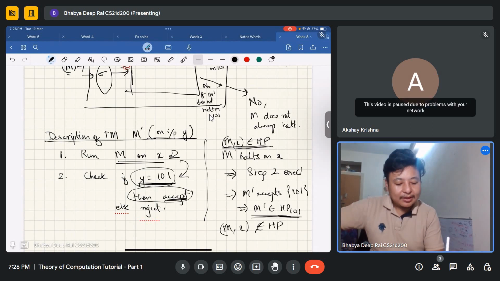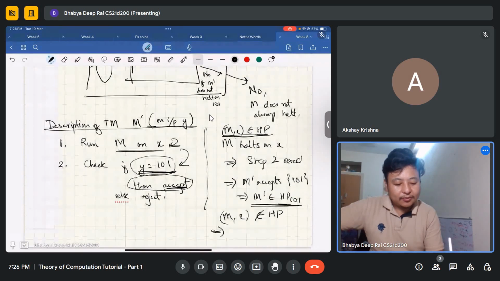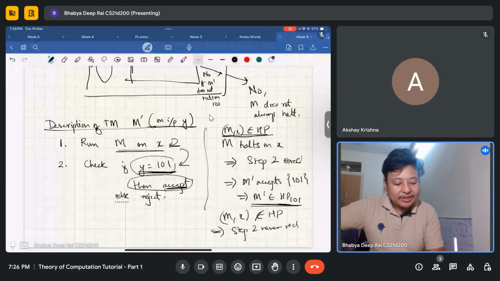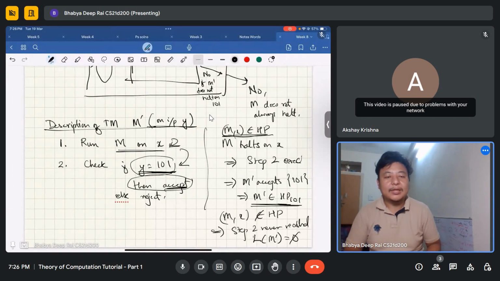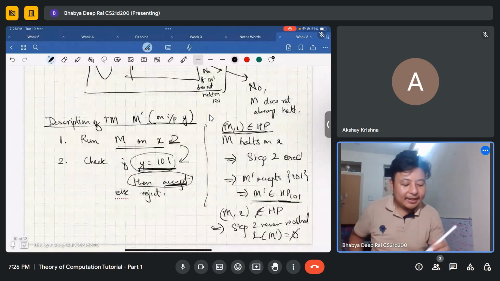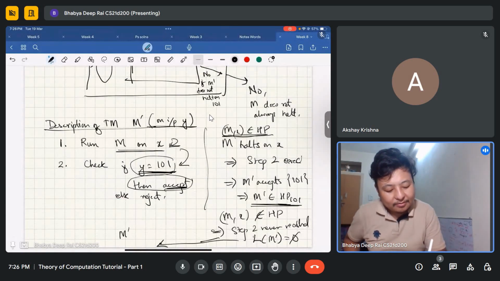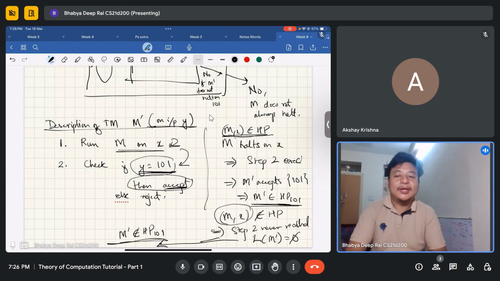Then step 2 is never reached, and so the language of M prime is empty. It will never be able to accept any string. So it is empty, which means M prime is not in HP101. So if the HP101 solver says no, then HP also says no to M comma X.